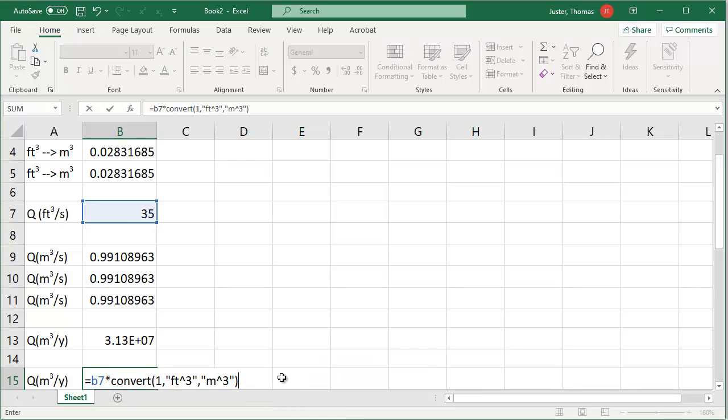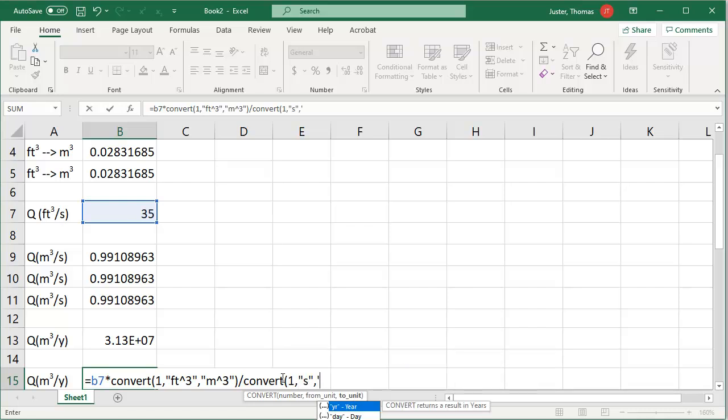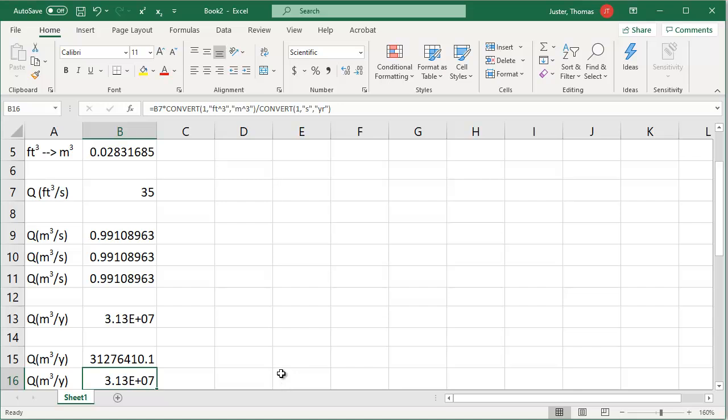That converts the numerator. And now divide by the conversion factor of the denominator, which is taking seconds to years. I can do it that way. That works, right? First convert the numerator, then convert the denominator. Boom, we did it all in one step. We got exactly the same answer.